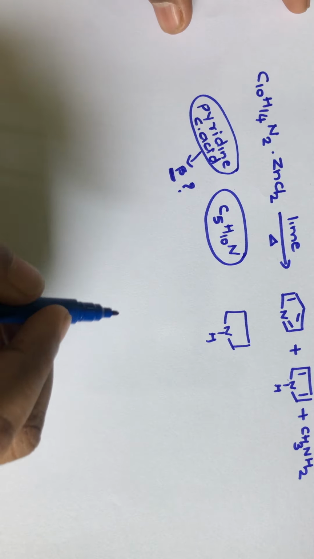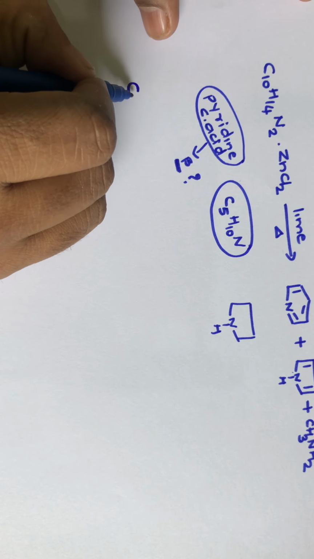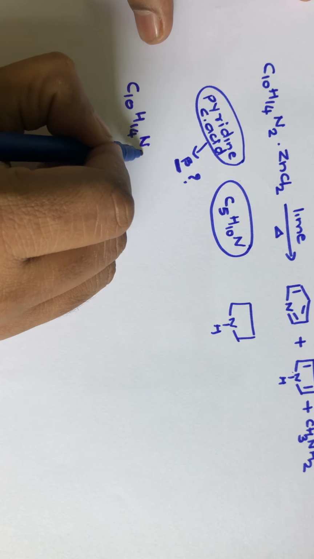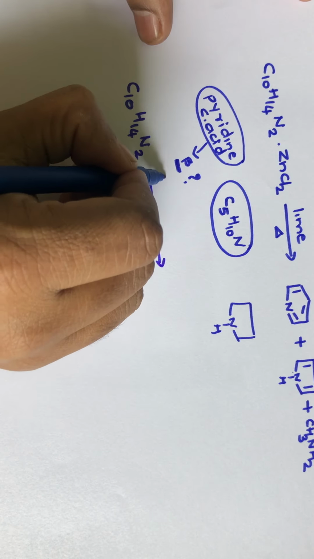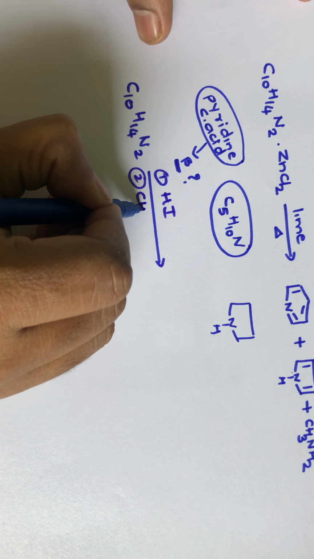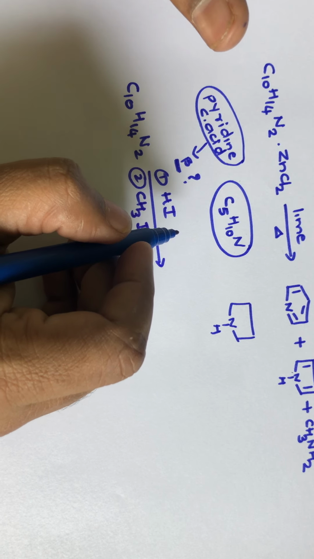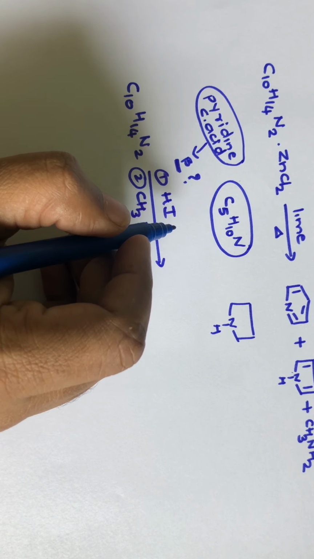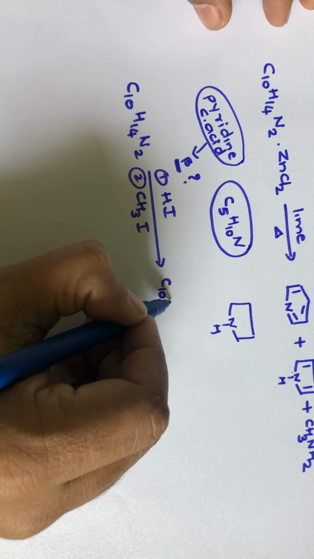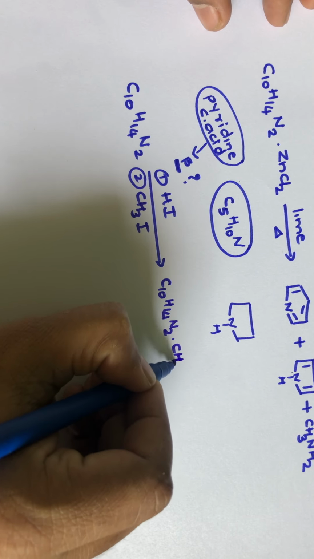Let us explain this. If I take nicotine, C10H14N2, and treat it with HI and then with methyl iodide, it forms nicotine isomethiodide, C10H14N2CH3I.